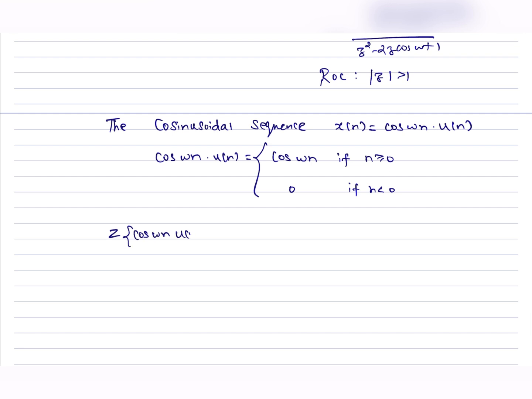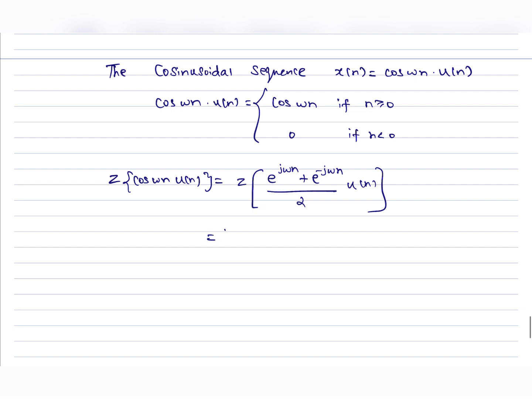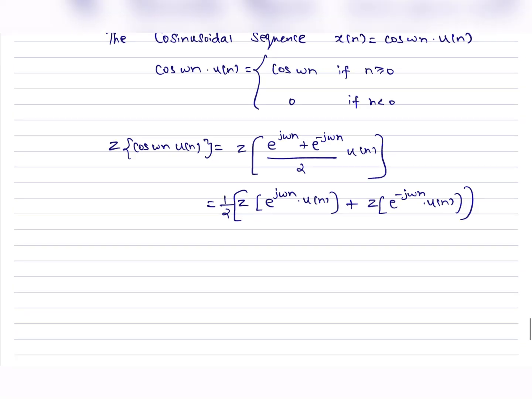So Z of cos omega n into u of n is Z of cos omega n, which is e to the j omega n plus e to the minus j omega n divided by 2, into u of n. Now you take the transform of this function, so you take 1 by 2 outside, and you have Z of e to the j omega n into u of n plus Z of e to the minus j omega n into u of n, and 1 by 2 is taken outside for both the terms.